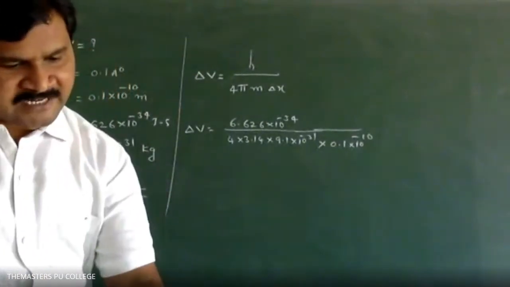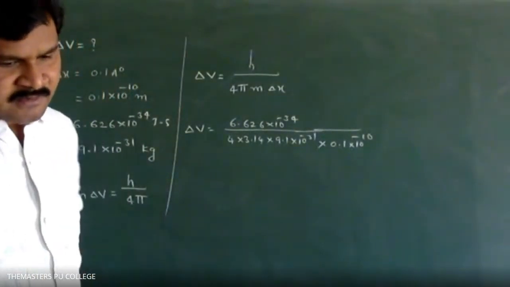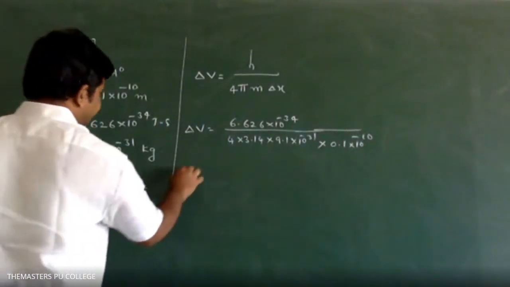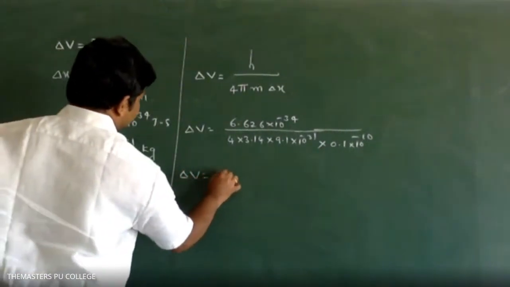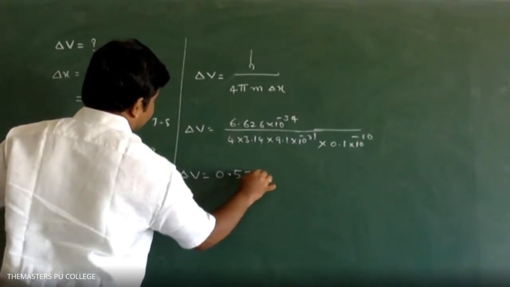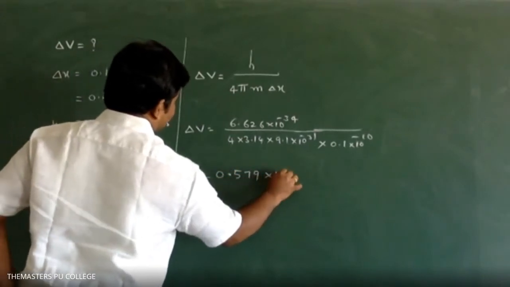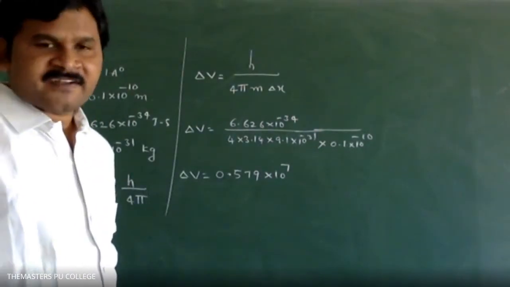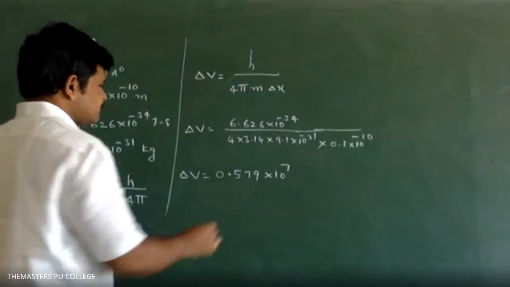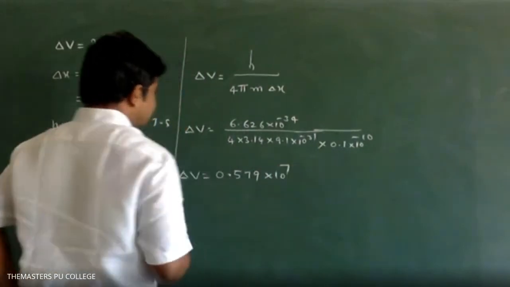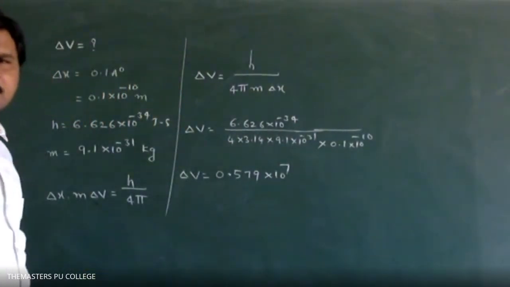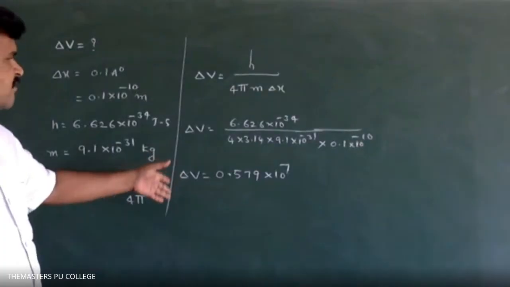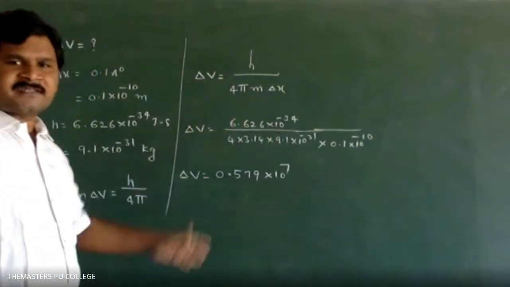You will get the simplified value 0.579 into 10 power 7, that is 5.79 into 10 power 6. Velocity units are meter per second. So we can check meter per second immediately.